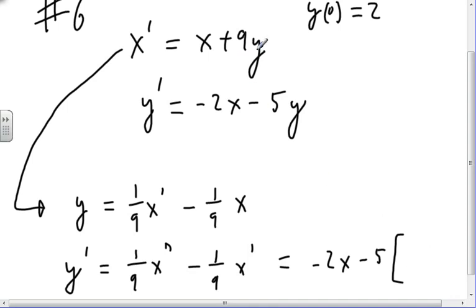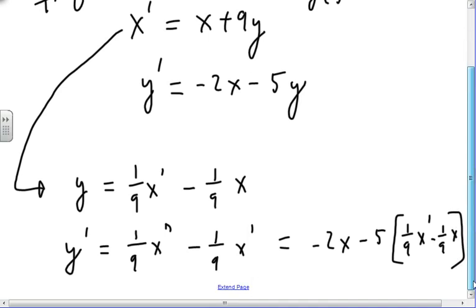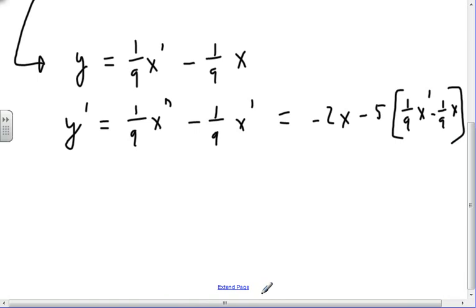Okay, and y is going to be 1/9 x prime minus 1/9 x. Well, okay, so I got 1/9 x double prime minus 1/9 x, well, 1/9.